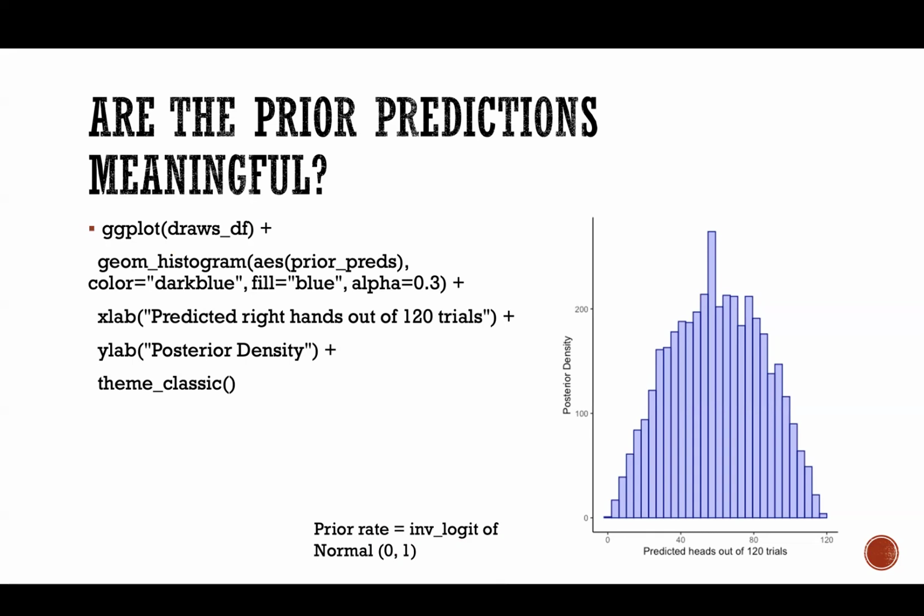There is a pretty straightforward one-to-one mapping between the rate, in this case, and the number of predicted right choices. And you can see that the most frequent are the central ones, between, I don't know, 20 and 100, and the extremes get discounted, as we would expect from the rate prior, the theta prior that we defined. Does that make sense?